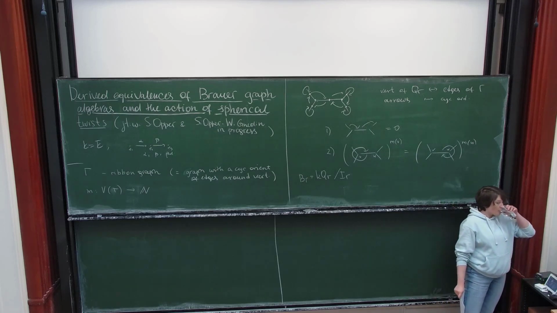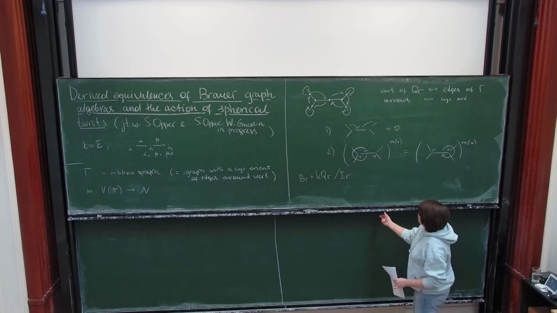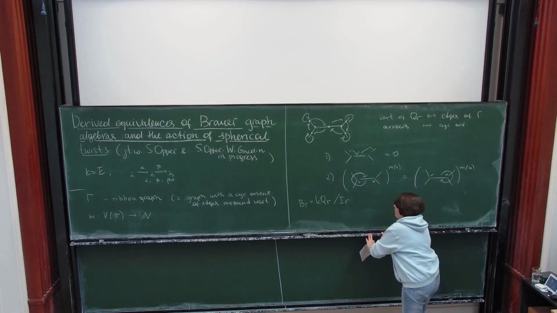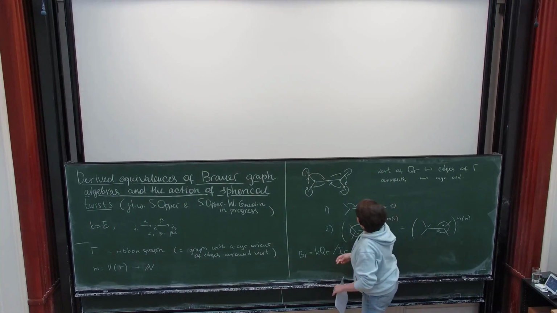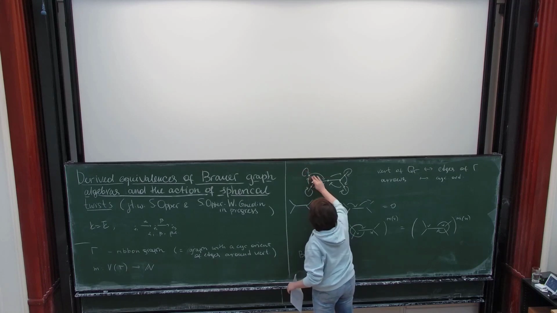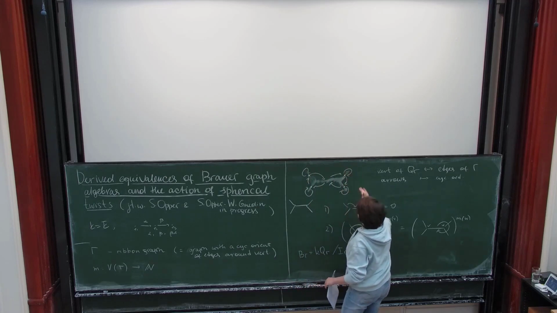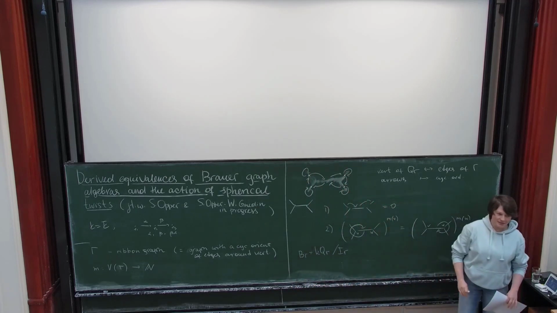Can you just draw Q gamma separately for that example? Yes. So this was the gamma. And is this better? Yeah, okay.